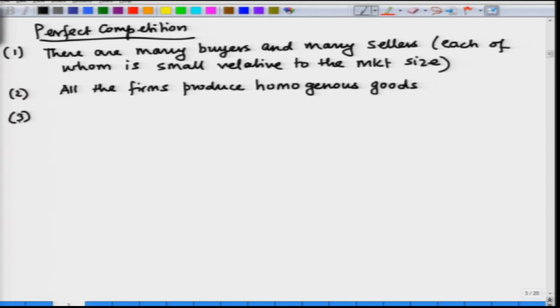The third condition is that there is full information among all the buyers and the sellers. Fourth, there are no transactions cost. This is also assumed for the market structure to be perfectly competitive.